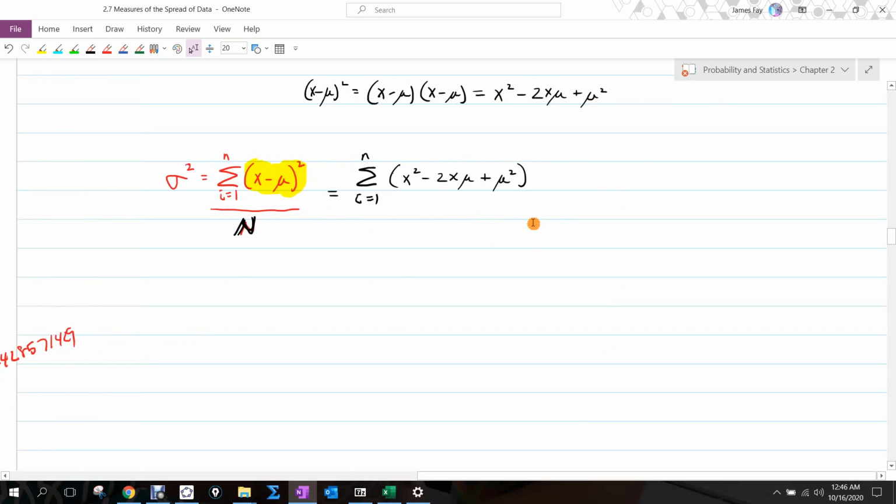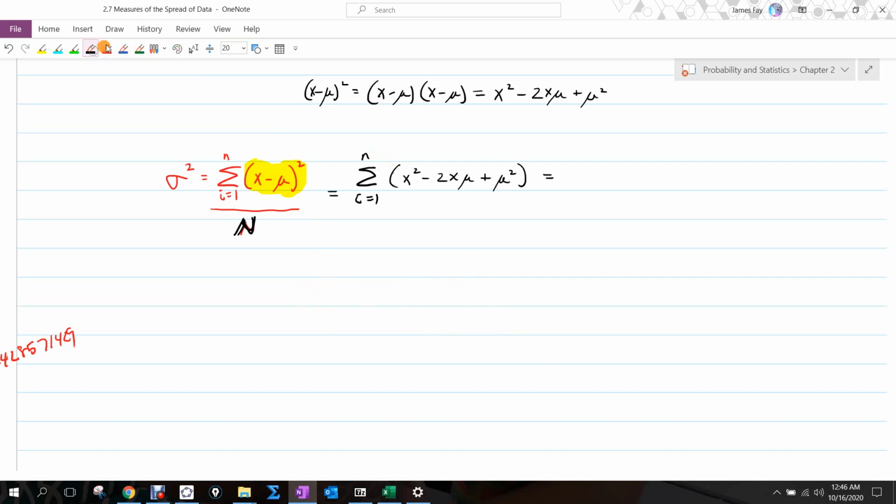So something that we know about summations, and this is where I was talking about, if you had me for college algebra, if I have the sum of like x plus x squared, something like that, then we can rewrite that as the sum of x plus the sum of x squared. Okay, so the sum of some quantity is equal to the individual sums. So I'm going to do that over here.